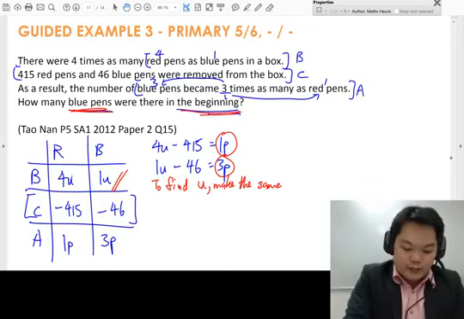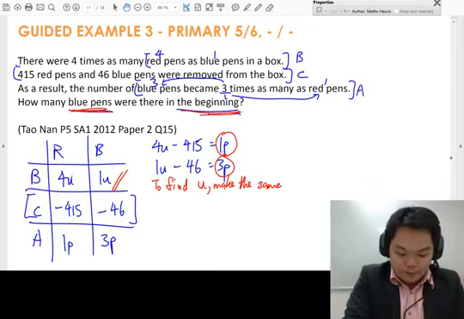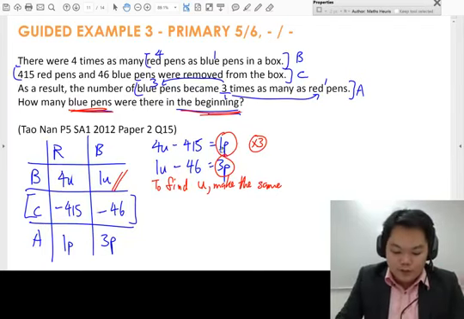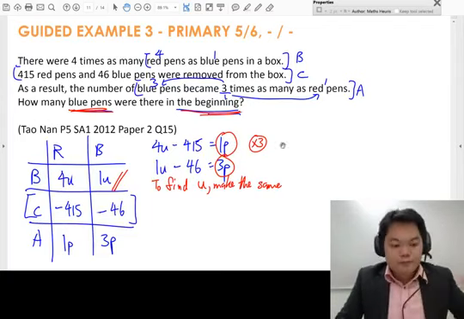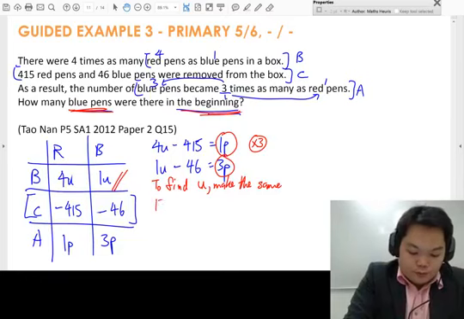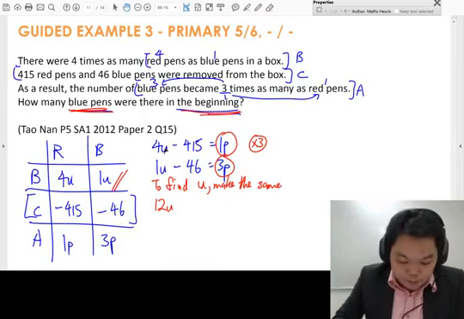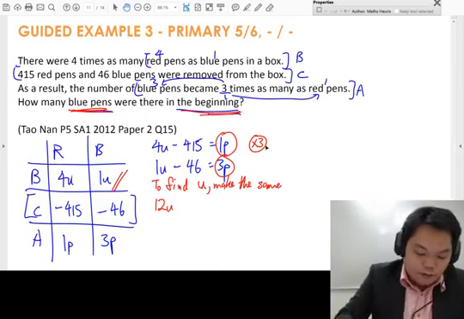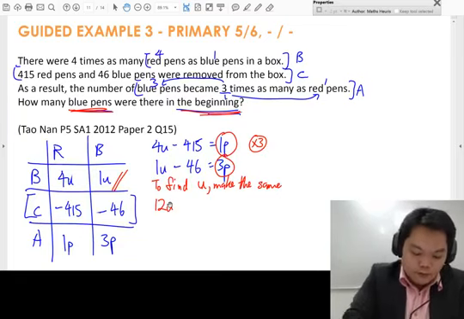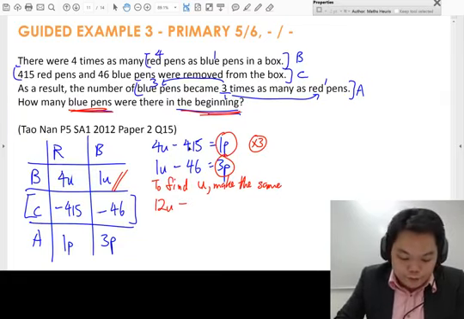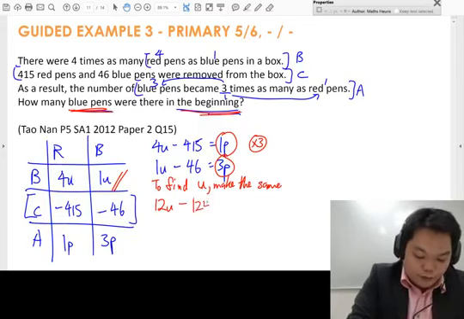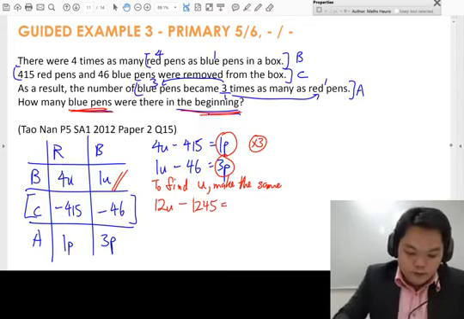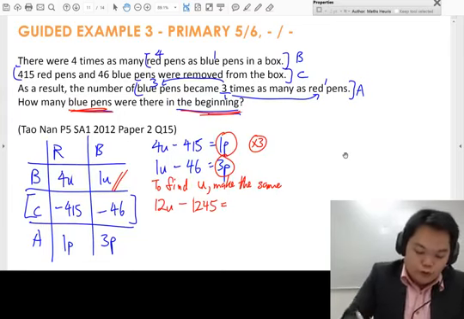We have to get this 1 part to 3. To do that, we have to multiply this entire statement by 3. So that will become 4 units times 3, 12u, minus 415 times 3 to give you 1245. 1 part times 3 gives you 3 parts.